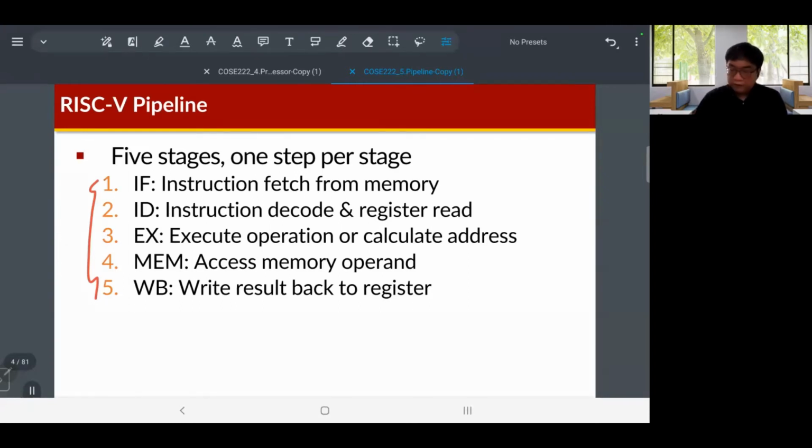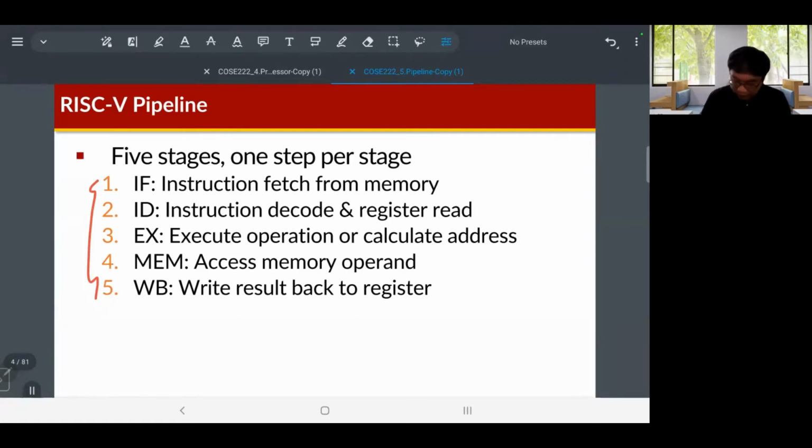And then for these steps, we need to use data path elements. That means we need to use hardware components. As I mentioned, each hardware component has a delay, which means that the result of this hardware component is generated after some delay.